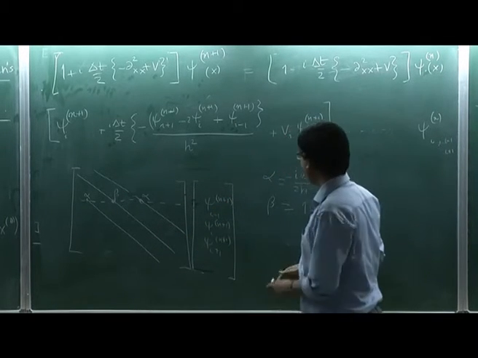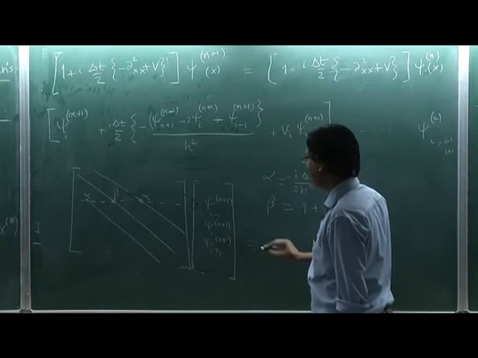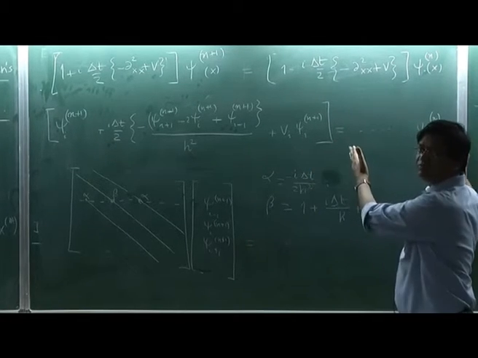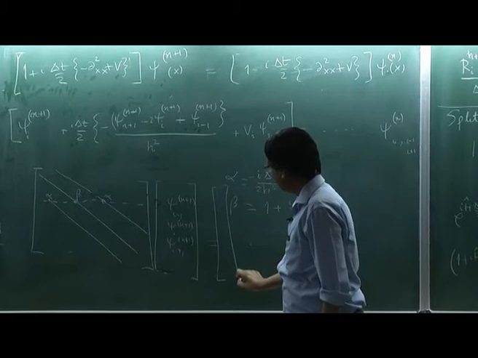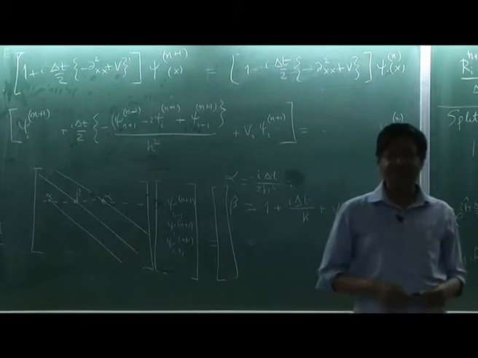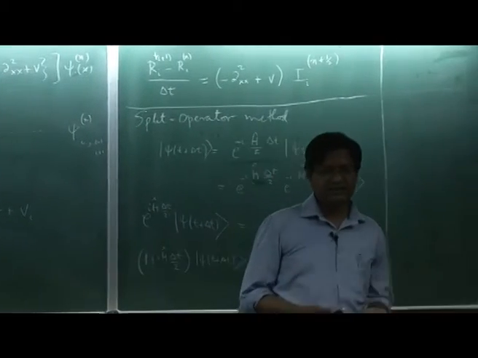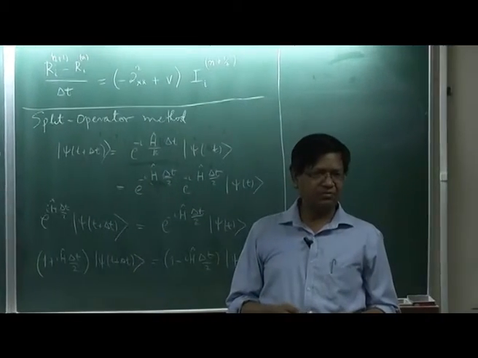Okay. Now I can solve this. What is the right hand side? The right hand side is known to me, so it becomes a vector. So you have to solve a tridiagonal matrix, exactly the same as what we got for the Laplacian operator.